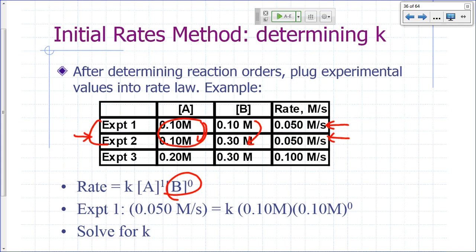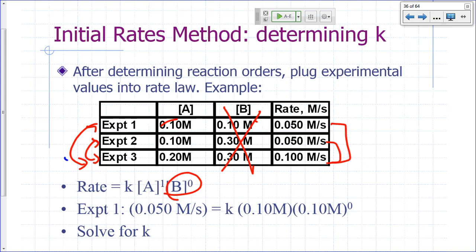Okay? And if you compare experiments 1 and 3 then, okay, you can see that, I'm sorry, 2 and 3, actually it doesn't matter anymore. Now that we've established that B doesn't matter, right? If you compare 2 and 3 or 1 and 3, what happens?